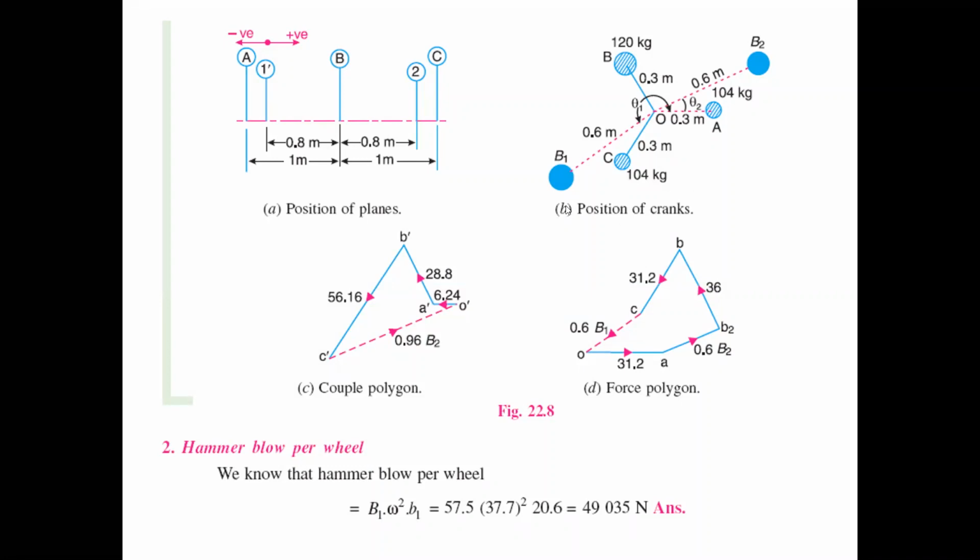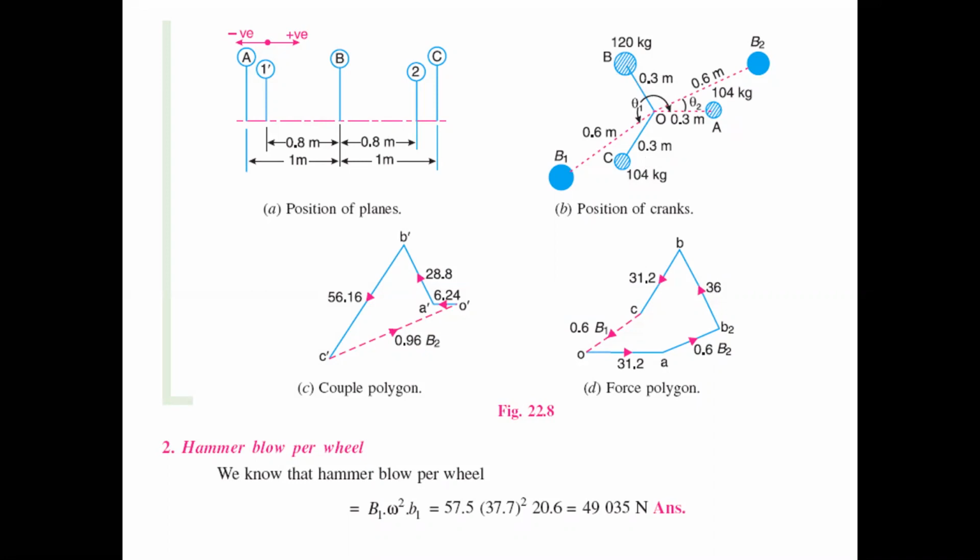Now look at the angular positions of the masses. The three cylinders have a gap of 120 degrees between one another. A cylinder is taken as 0, B is at 120 degrees and C is at 240 degrees.